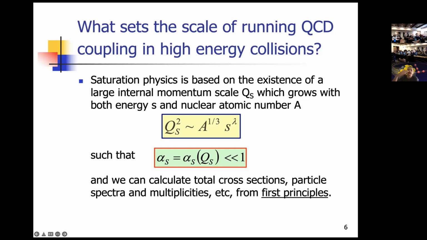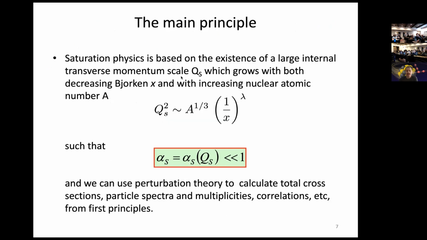So instead of looking for a high pT tail of the distribution, we can actually do calculations at any transverse momentum, as long as we have this hard scale in the problem justifying the calculation.